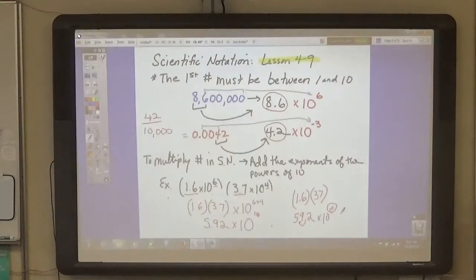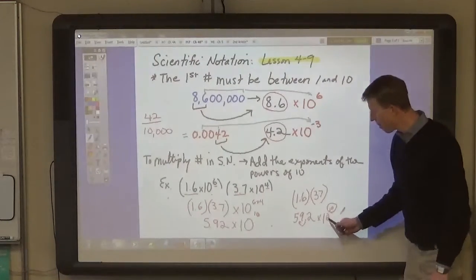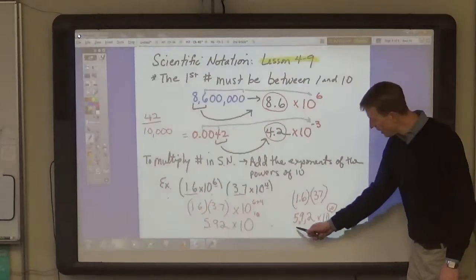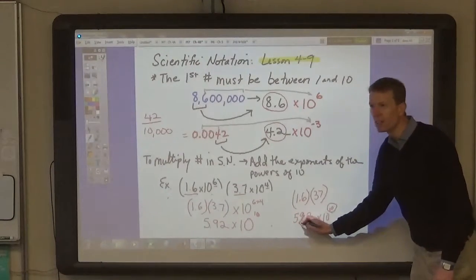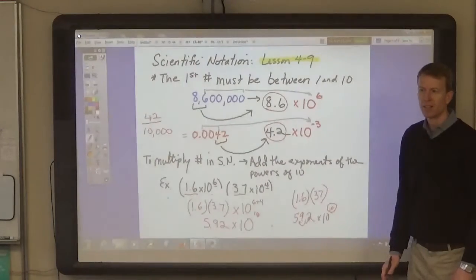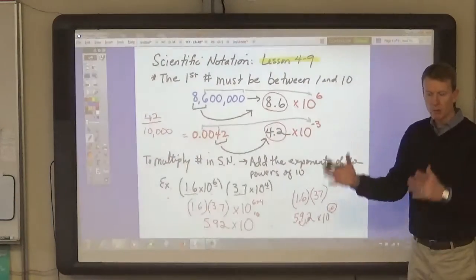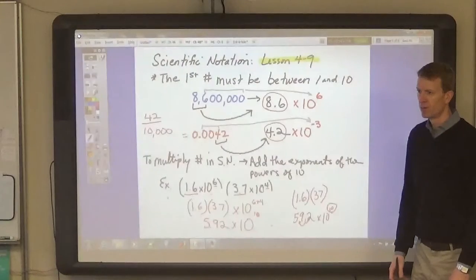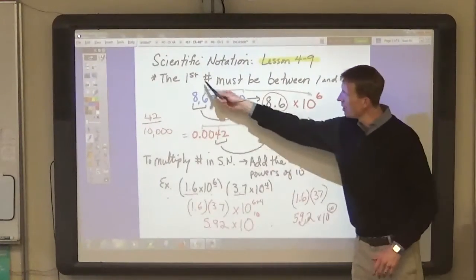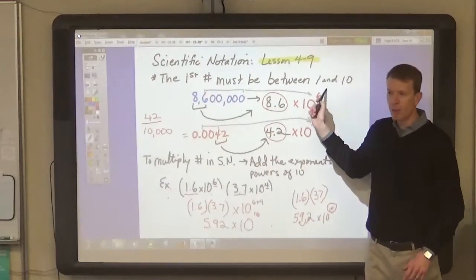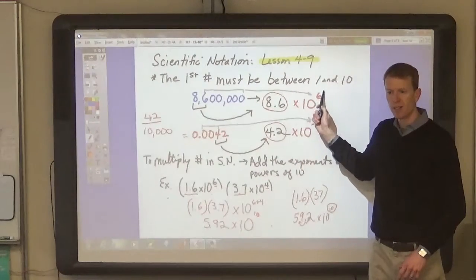We'd have to multiply it by a bigger power of 10. So anytime you're converting something like this, and you have to move it one more place, you change the exponent by 1. Okay? Just keep that in mind. And that first number, when you write this out, has to be between 1 and 10. Okay?